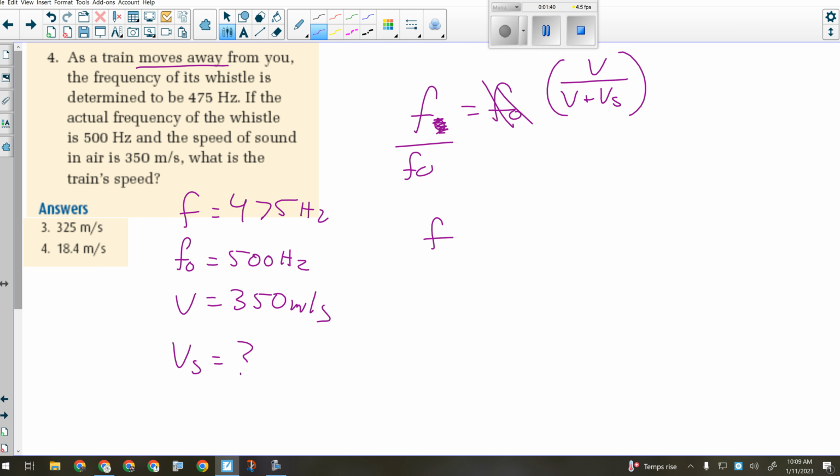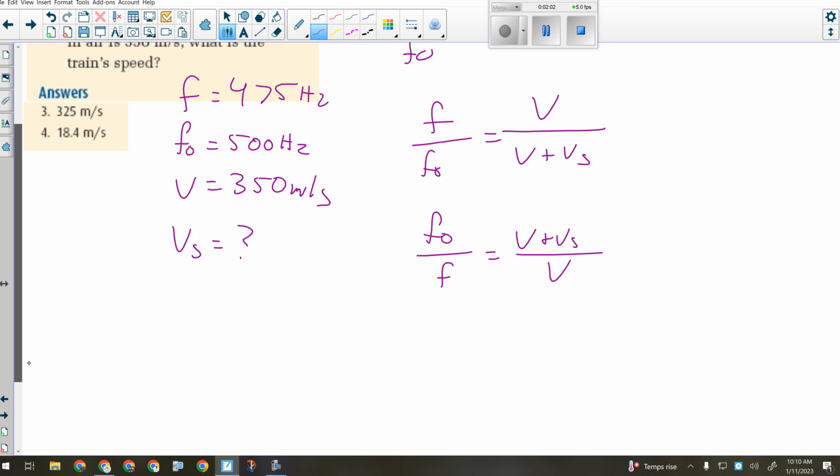Now we have F over FO equals V over V plus Vs. What do I need to do now? I need to flip it, right? So FO over F equals V plus Vs over V.